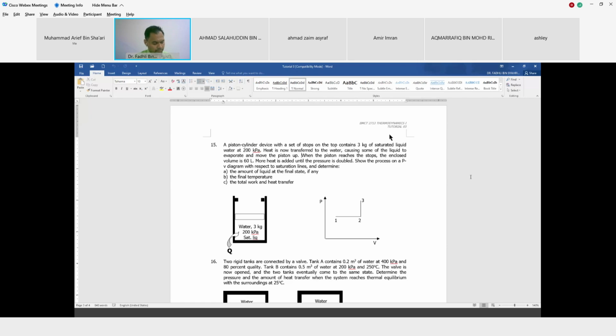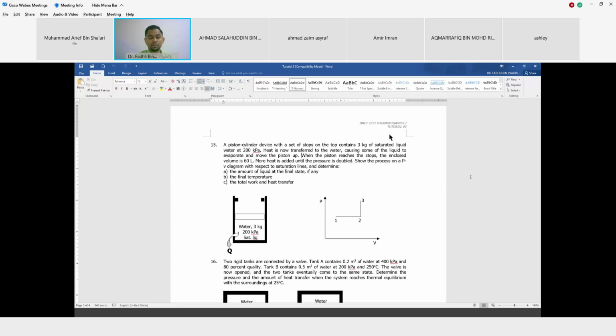So this question is very tough, okay, very tough, because first they have 3 states. State number 1, state number 2, and state number 3. Before, we only discussed systems that have 2 states only, state number 1 and state number 2.